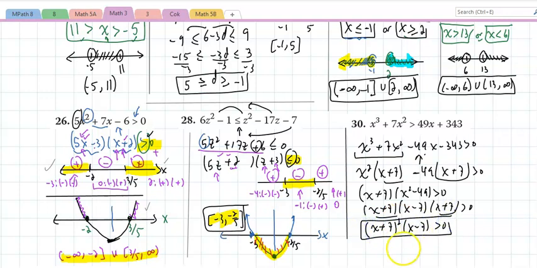Here I have to use a test line, and what I'm going to test is a -7 and a 7. If I pick x equal -8, this is always positive because you're squaring. You don't have to worry. So this is the only piece you have to worry about. -8 minus 7 is negative.